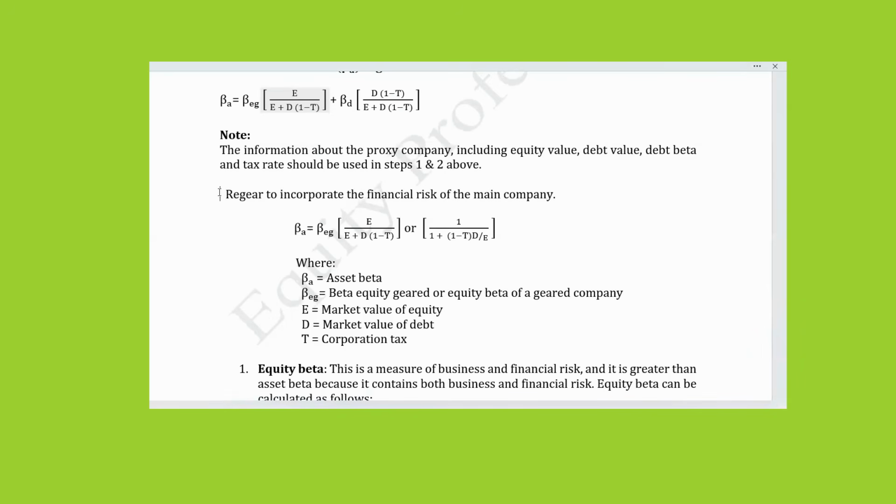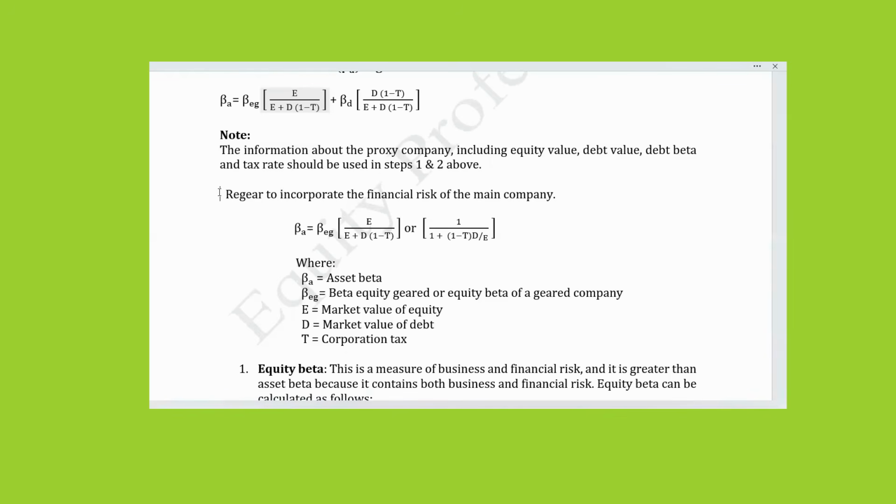So for you to be able to do that, you need asset beta, and to calculate asset beta you use the formula I've given above. However, if the beta is geared, if there is debt in the capital structure of the proxy company, you cannot use the geared beta. You need to convert it to ungeared. You need to unlever it.